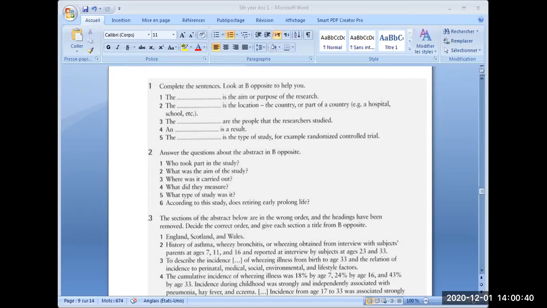It exists in your document: W-H-E-E-Z-I-N-G. Okay? So you can write the patient is experiencing a runny nose, coughing, and wheezing. These are the things that you should add to the checklist.